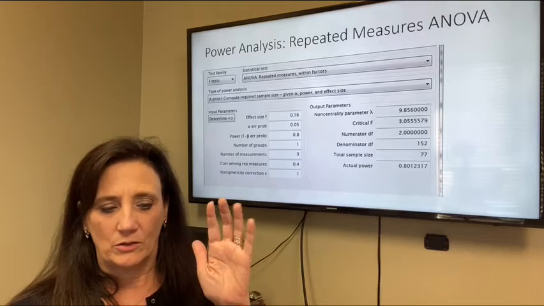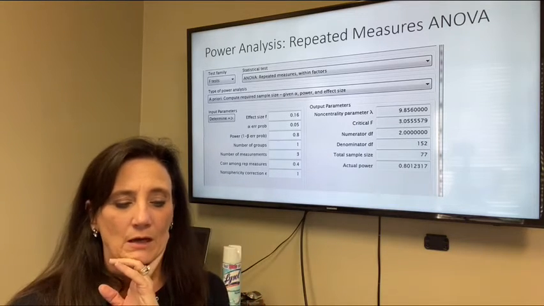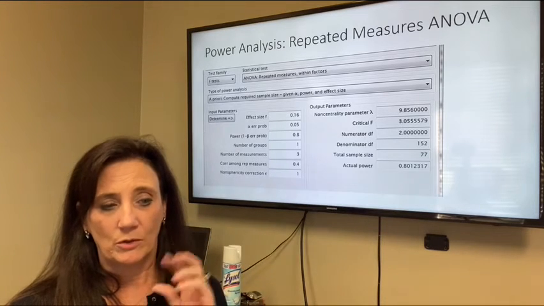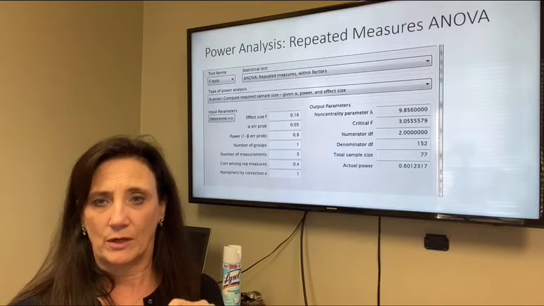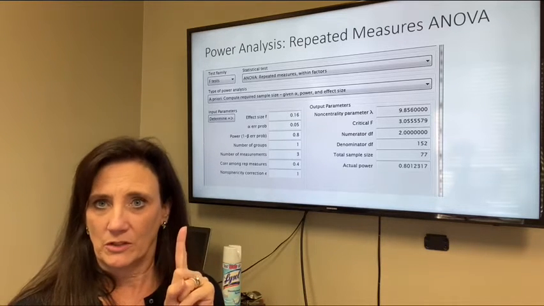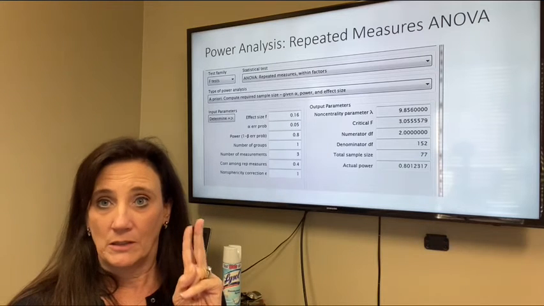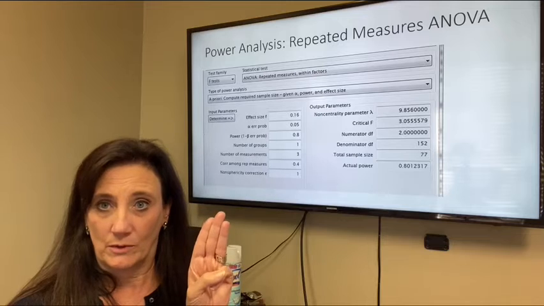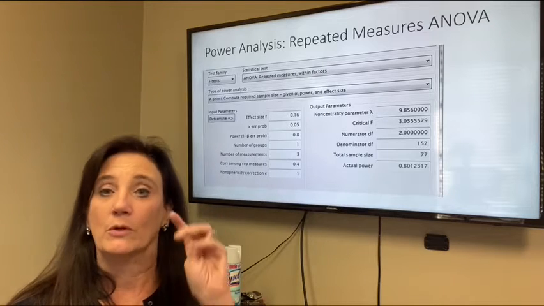What is the attitude toward environment? So for it to be repeated measures, maybe you measure a group of 4th graders' attitude toward the environment on the first day of school, at midterm, and on the last day of school. You have 3 measurements of the same group of people.